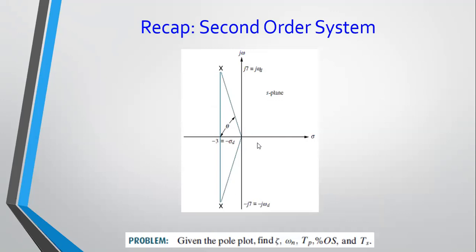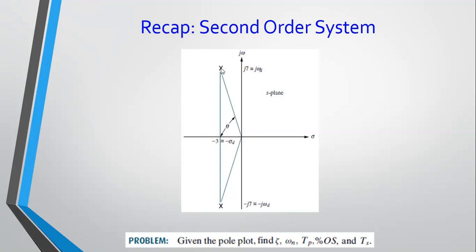Okay. So this is one simple example, which you can work out if you are given -3 plus j7 for a second order system. You can very easily work out your damping ratio. If you know this angle here, you can use trigonometry, tan inverse of 7 over 3, and then you can find your natural frequency, which is nothing but the length of this line. Then you can find your peak time.